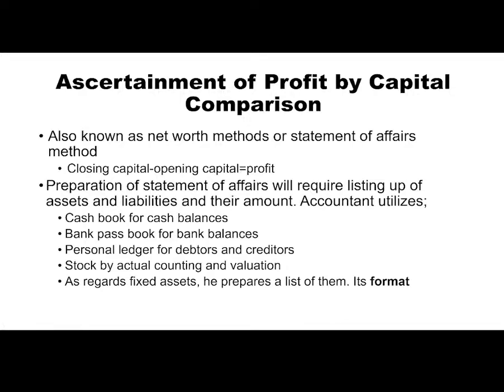In preparation of the statement of affairs, we require listing all the assets and liabilities. The accountant will utilize the cash book for cash balances, the bank passbook for bank balances, and the personal ledger for debtors and creditors, with stock determined by actual counting and valuation. As regards fixed assets, he prepares a list of them.